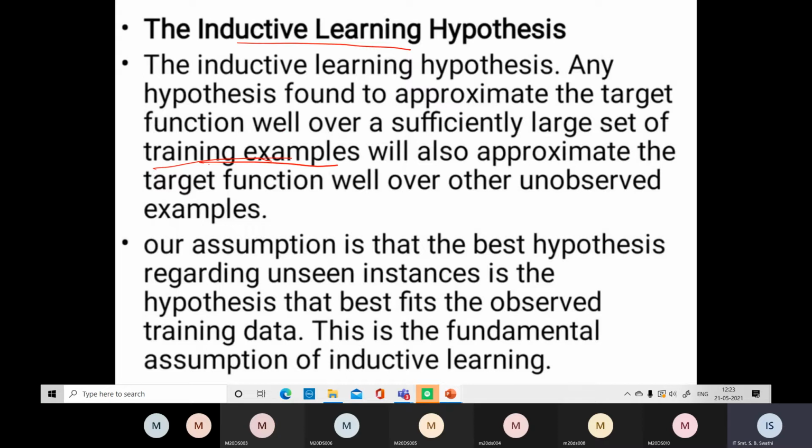If you are able to find a target function by generating a set of training examples, then that hypothesis can also be used to analyze any new input, even one which is not present in the training examples or training data, and you will be able to generate some sort of output.